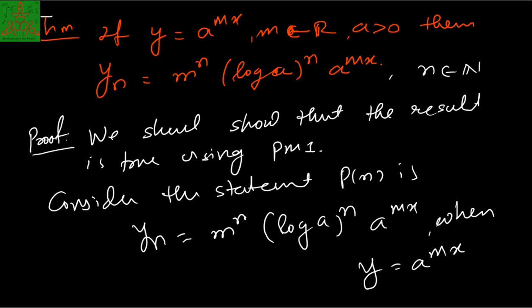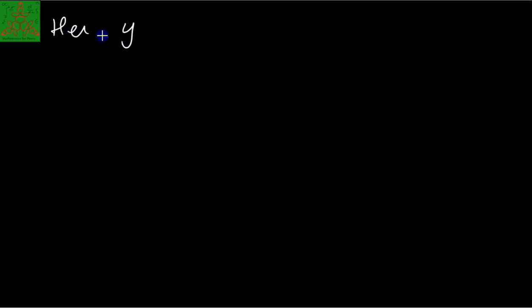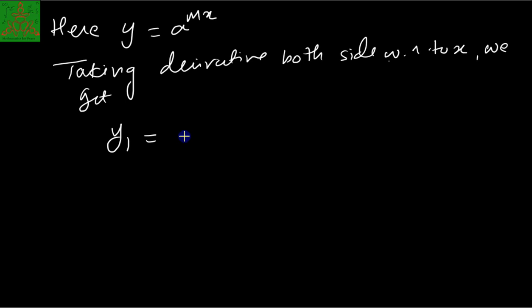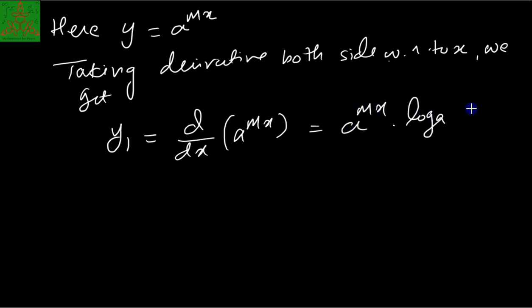So here the function given is y is equal to a power mx. Taking the derivative on both sides with respect to x, we get y1, that is the derivative of a power mx, which gives you a power mx into log a, and the derivative of mx gives you m.